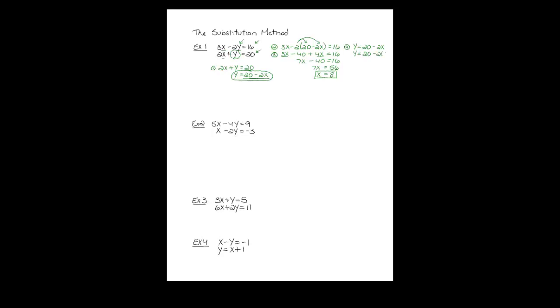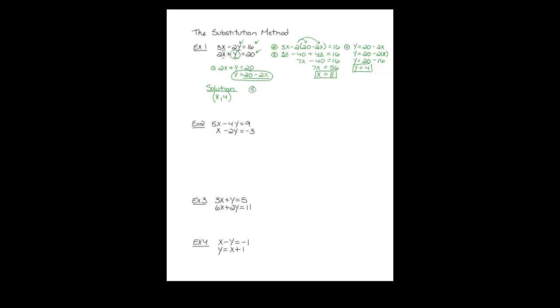So y equals 20 minus 2 times 8, which is 16, y equals 4. So our solution is the ordered pair 8, 4.